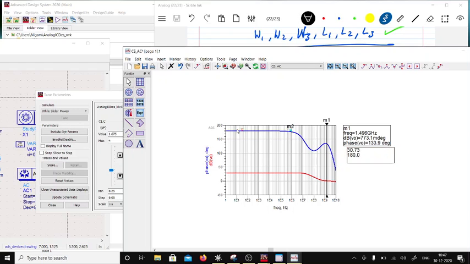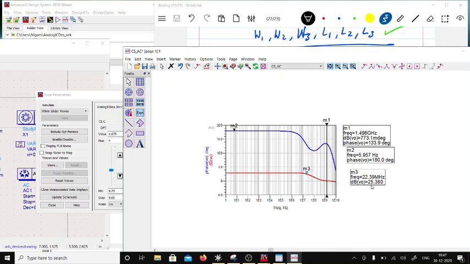Okay, so what is the first corner? Let's put it on the other axis. Marker new over here. So this is a gain of 29. Then gain of 26. This is your first corner, roughly.